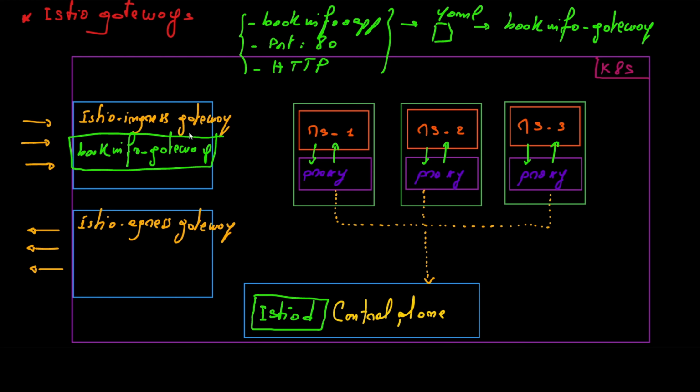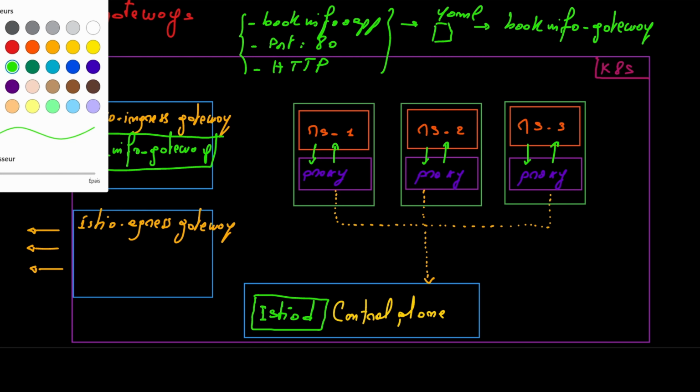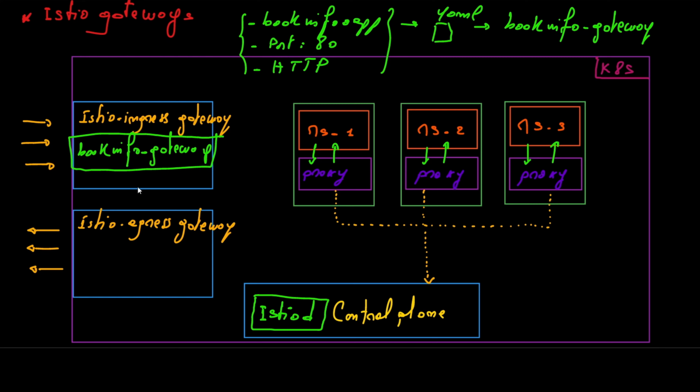What you have to know about the Istio Ingress Gateway and the Istio Egress Gateway is that these controllers are also created in Kubernetes using Envoy proxies. So here we have a proxy container. The same for the Istio Egress Gateway.